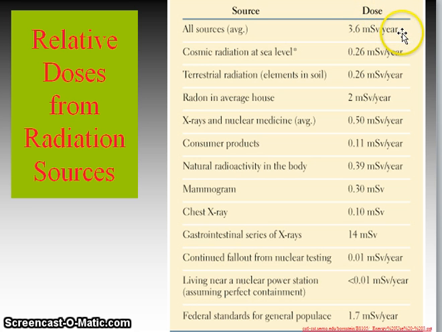A sievert is a unit used to measure doses of radiation and its effects on biological systems. And you can look here at the different sources of radiation doses and the amount of radiation that you're exposed to.